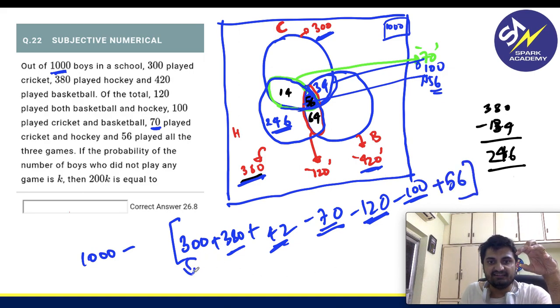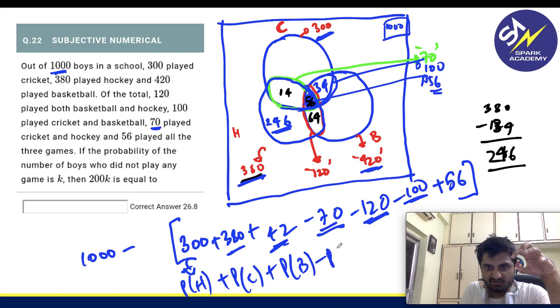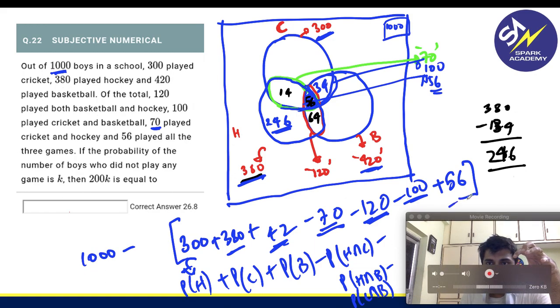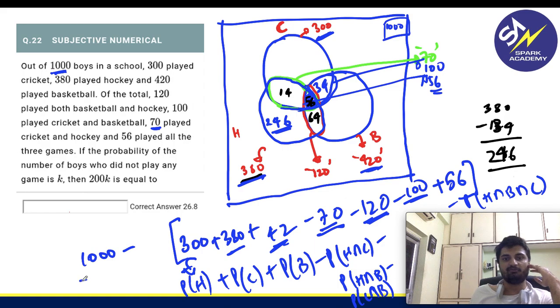This is basically the formula: P of H plus P of C plus P of B minus P of H intersection C minus P of H intersection B minus P of C intersection B plus P of H intersection B intersection C. This is the formula which will give us the probability of none.